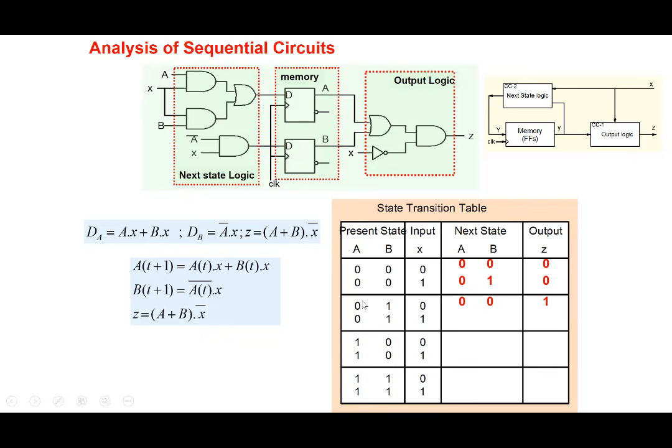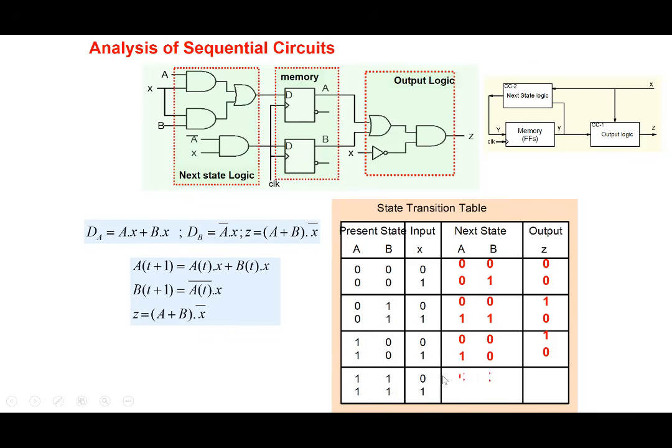Next, suppose the system is in the 0 1 state. If X is 0, what happens to the next state and what happens to the output? If X is 1, what happens to the next state and what is the output? Then we think of the other state. Suppose the system is in the 1 0 state. The input X could be 0 or 1, and we fill those possibilities up. Then the other possibility is the system is in the 1 1 state.